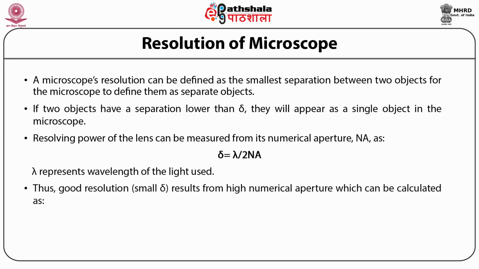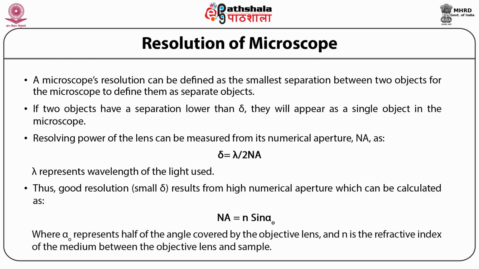Thus, good resolution, or small delta, results from high numerical aperture, which can be calculated as NA equals n times sine of alpha, where alpha represents half of the angle covered by the objective lens and n is the refractive index of the medium between the objective lens and the sample.